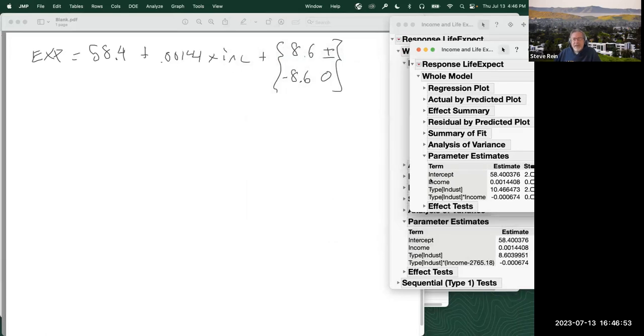I've got 0.004144 times income. Somehow the impact of industrialized seems to have changed, so I need to swap out my old number. Okay, and now I can use the eraser.